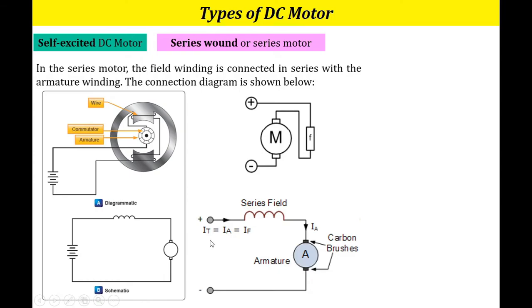Here the total current equals the current flowing through the series field winding and through the armature, that is I equal to IA equal to IF.